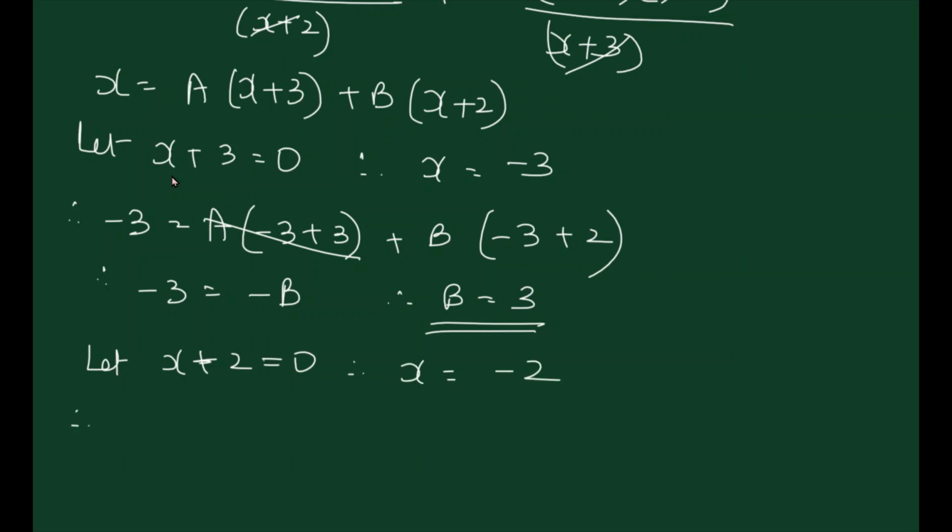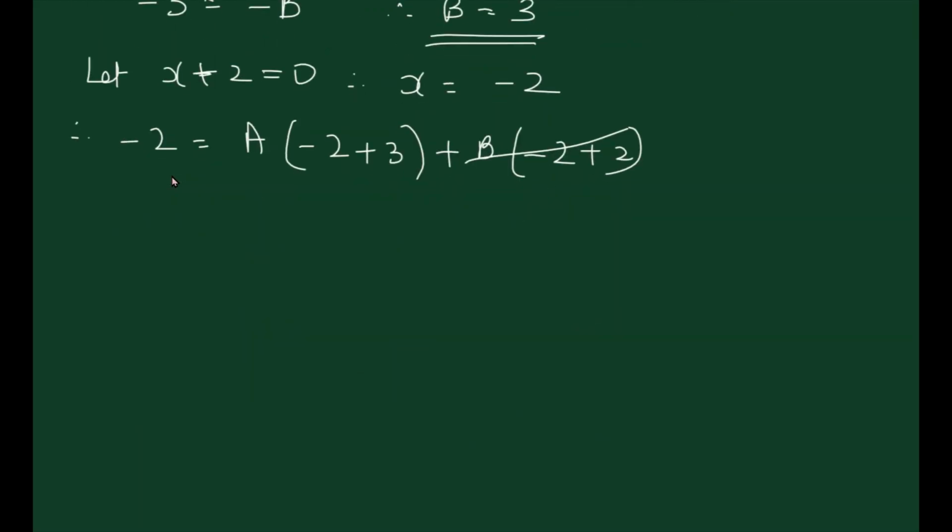So we have minus 2 is equal to a into minus 2 plus 3 plus b into minus 2 plus 2. The b term gets cancelled, so we get minus 2 as a, that is, the value of a comes out as minus 2. So thus we get both the values for a and b.